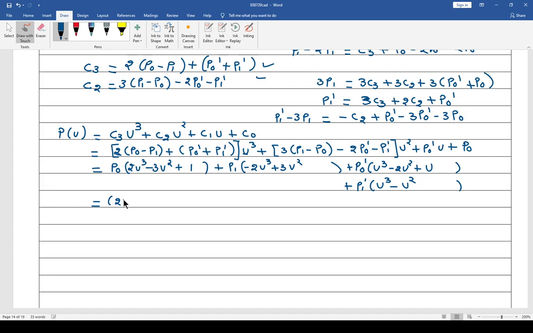So 2u cube minus 3u square plus 1, into P0, plus I write minus 2u cube.